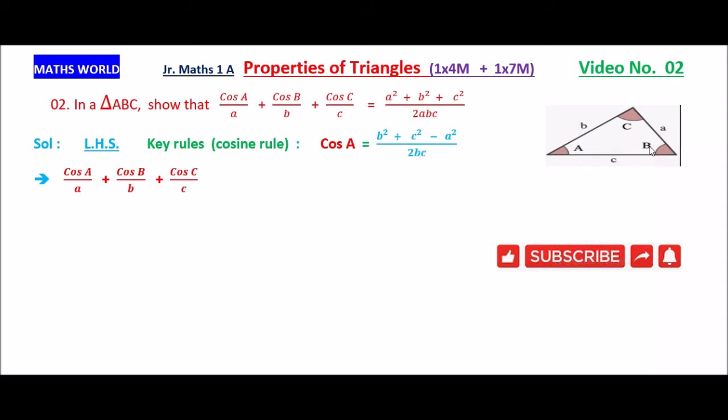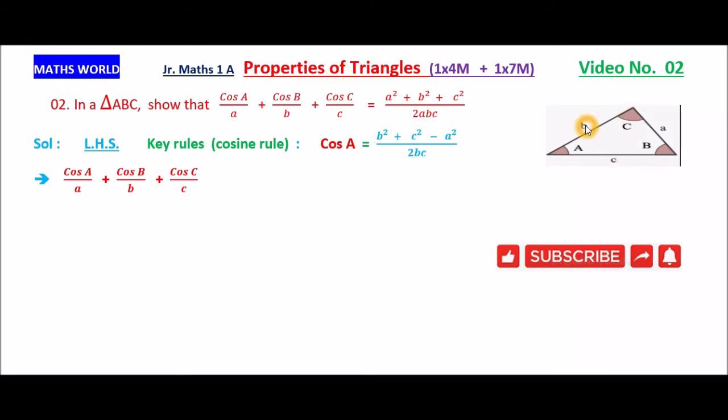Then come to cos B. Cos B is equal to the sum of the adjacent side squares minus the opposite side square, divided by this one. So, cos B is equal to A square plus C square minus B square divided by 2AC. Then what about cos C?